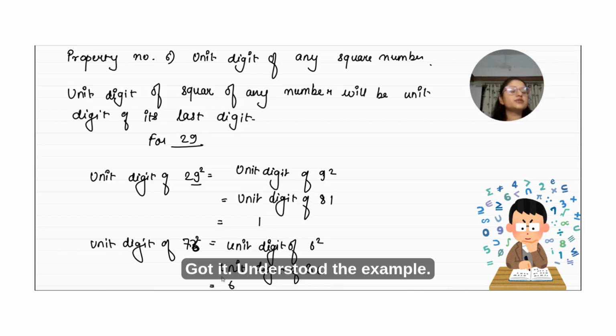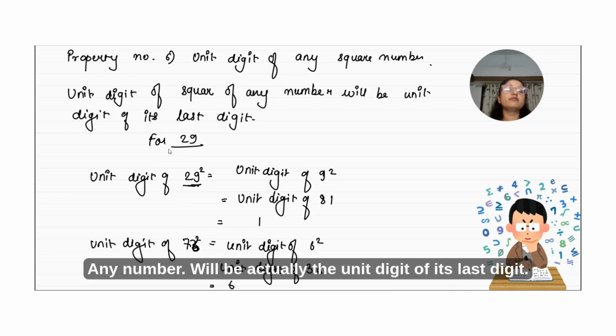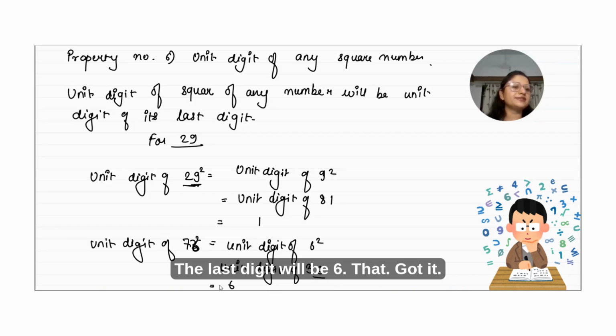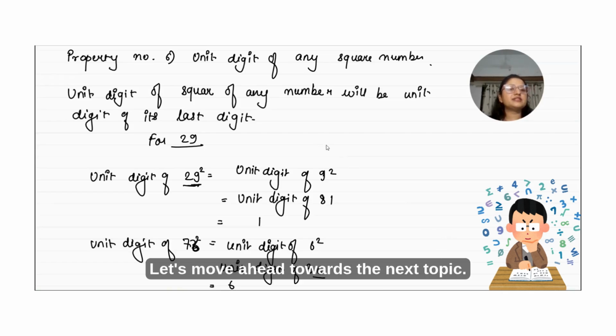Got it? Understood the example? So what we understood is that the unit digit of the square of any number will actually be the unit digit of the square of its last digit. The last digit is 9, 9 square is 81, and that is 1. Last digit 6, 6 square is 36, so the last digit will be 6. Got it? Let's move ahead to the next topic.